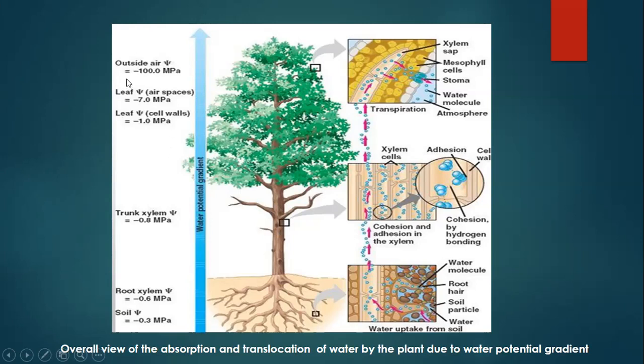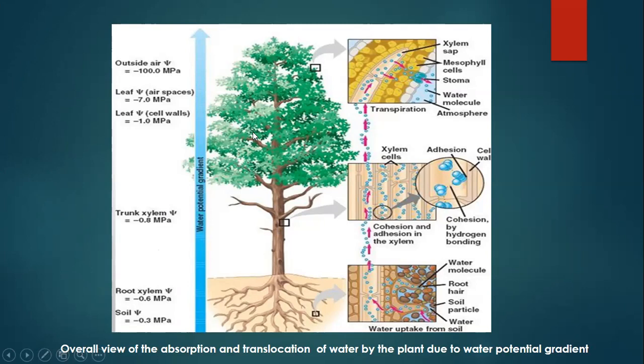The outside air has a more negative water potential value, whereas in the root region it is less negative. So the pressure gradient is very high here.